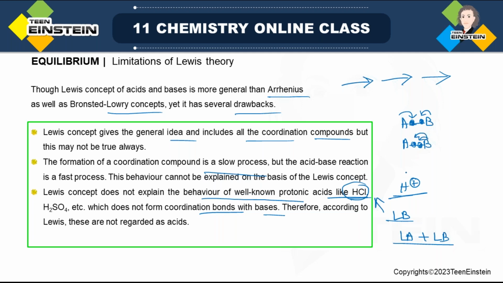Once it is donated by B, now it is shared between two, and it will behave as if it is a covalent bond, just like the previous example. But here both are coming from the same atom.